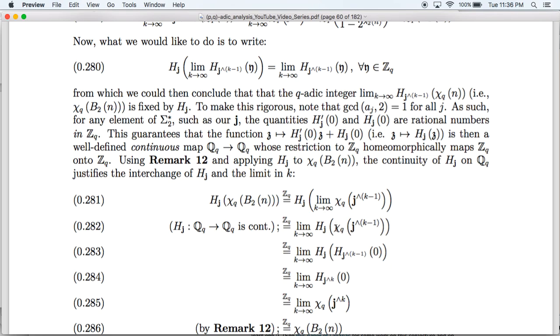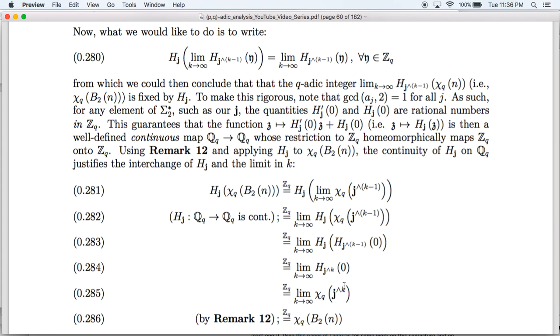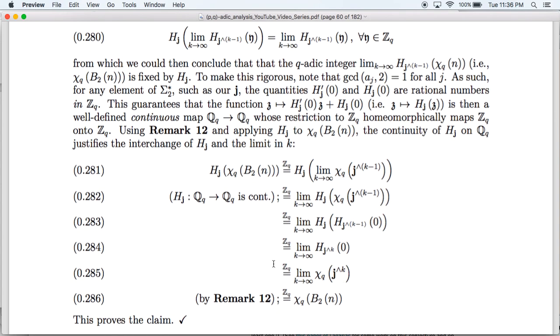Then we have H bold J applied to chi q of bold J concatenated with itself k minus 1 times. We then use the definition of chi-q to rewrite it like this, and then we use our string formalism that this is going to be the same thing as h of bold J wedge bold J to the k minus 1, which is just h of bold J to the k, which is of course chi-q of bold J wedge k, which is what we did earlier.